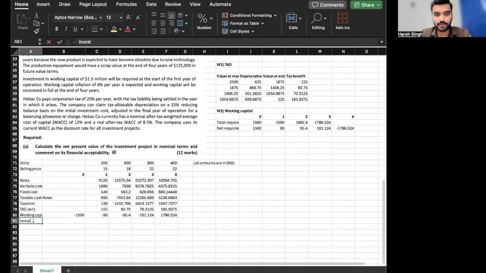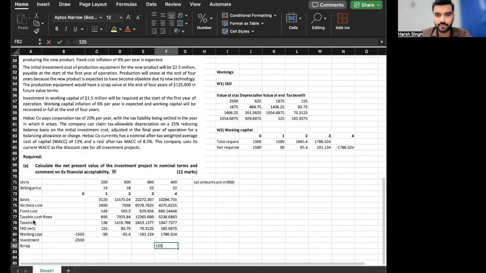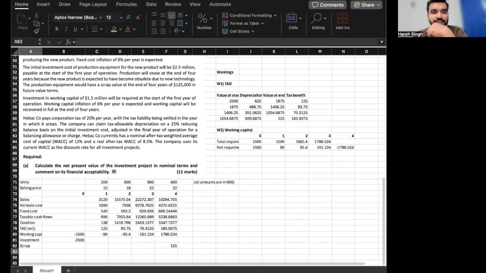Can we put down the investment as well? Sorry, it was 2500. And then the scrap value, which was how much, everyone? 125. Correct. So I guess it takes care of everything that is required, right, everyone? Working capital and everything has already been considered, if I'm not wrong.